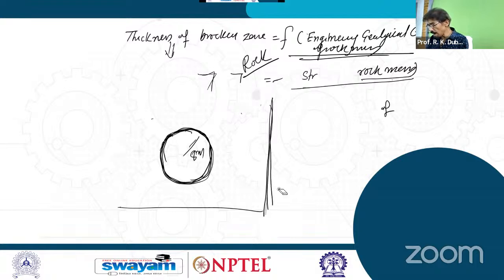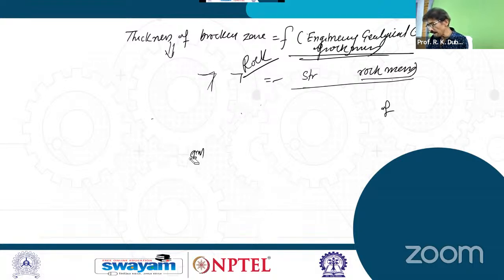But in case of rock mass traversed by varieties of discontinuity, having different geotechnical or engineering geological characteristics of the joints and the nature of rocks, we have one concept regarding rock mass classification.